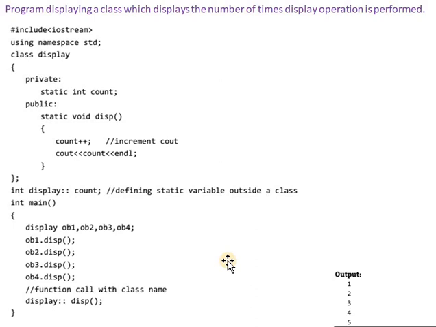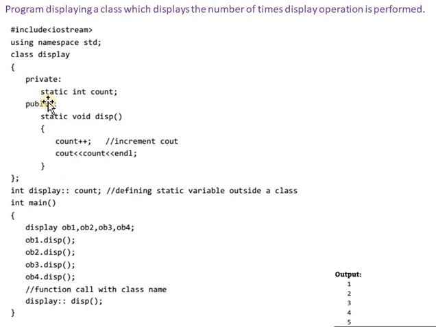Then this value is shared by all the objects, and the next object takes this value, increments it by 1 and displays again. Then the next object, and then the next object. This way the static values for the 4 objects are displayed. This is about the static data member and static member function.